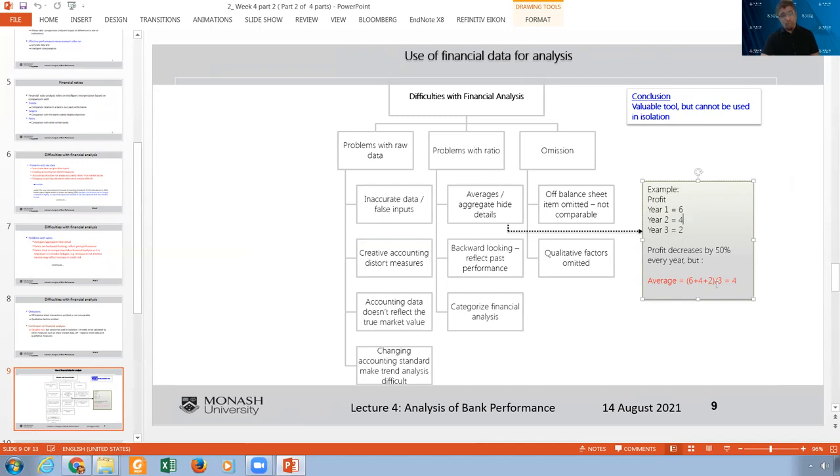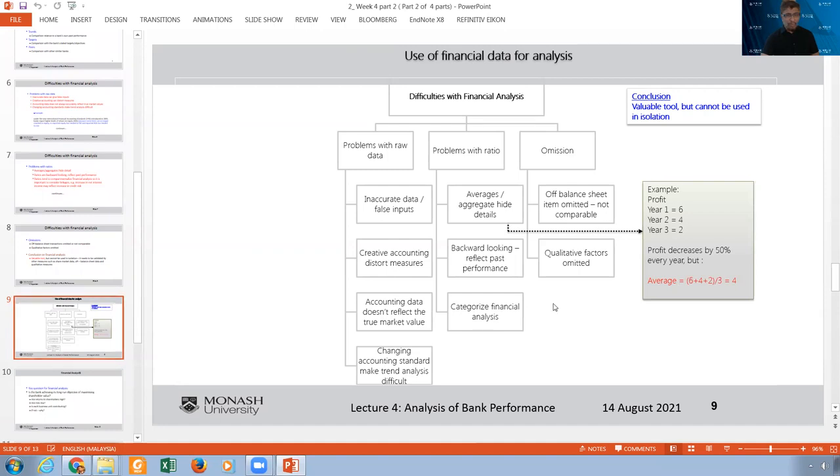This huge drop is telling you, when they tell me the average is 4, I know the average next year will be maybe 50% of that. So there is a huge drop, and there is a big problem in that. So this is when we talk about the averaging. They look backward, I already talked about it.